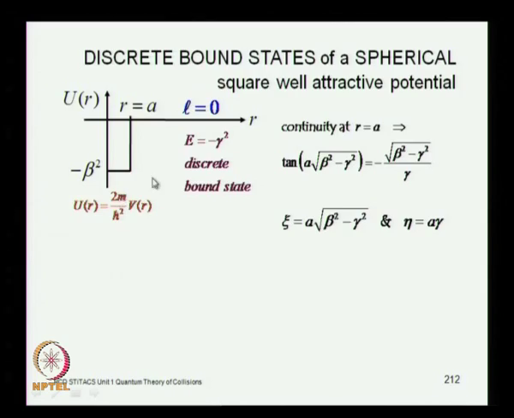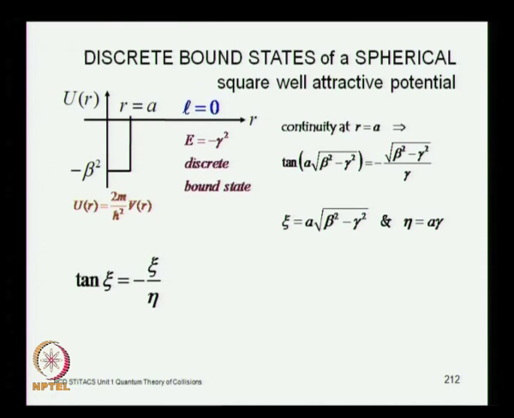Beta is determined by the depth of the potential. And what is gamma? Gamma is the energy parameter. Gamma or eta are the energy parameters, and a is the range of the potential.